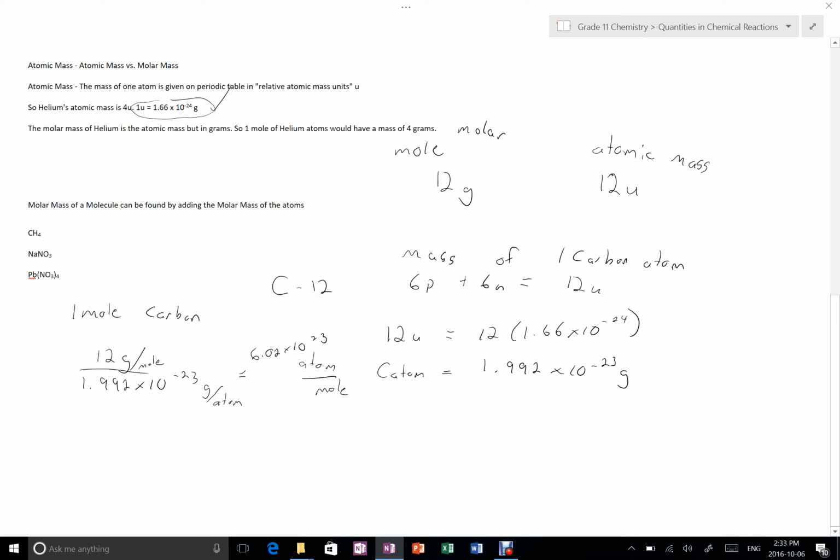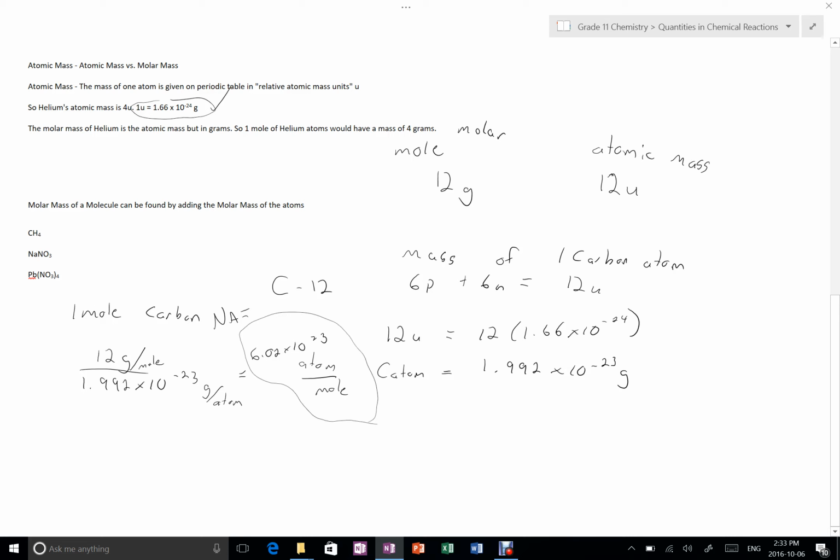We could use that to come up with the mass of a carbon atom, and then all of a sudden we knew 12 grams per mole for the mole definition, and 1.992 times 10 to the negative 23 is the mass of one atom. So the total mass divided by the mass of each individual item tells you the total number of items or particles that you have in a mole. So that's really where Avogadro's number came from.